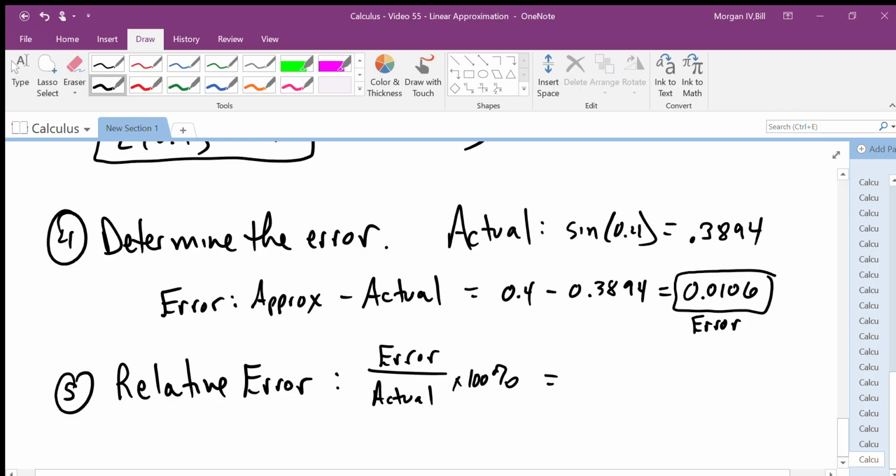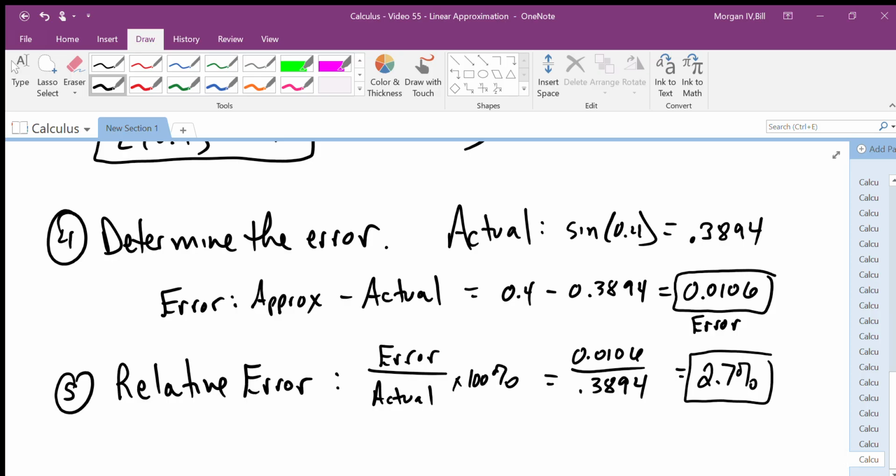So relative error is our error, 0.0106, divided by the actual amount at sine of 0.4, 0.3894. If we do that, I'm getting 0.02717. I'm going to multiply that by 100 and call it 2.7%. In other words, we have about 2.7% error. 0.0106 is about 2.7% of 0.3894. This is our relative error.